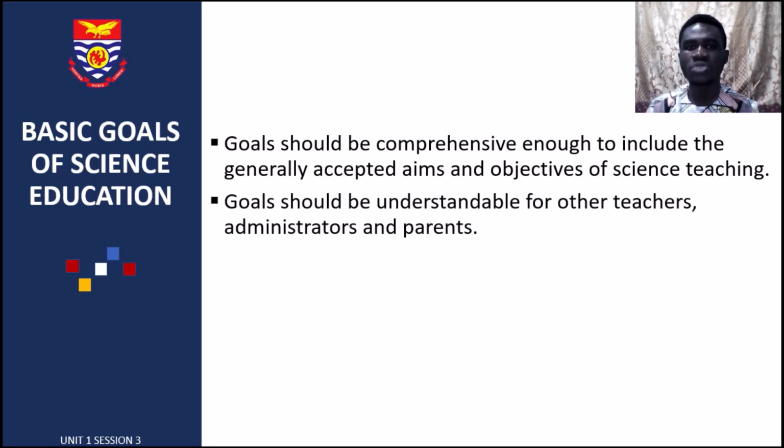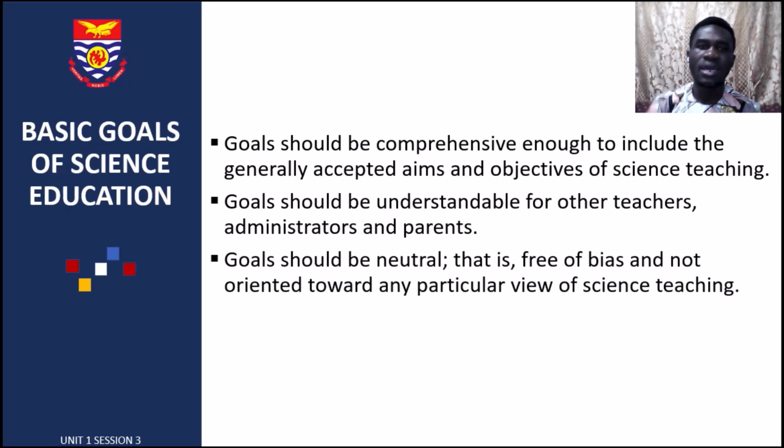Goals should be understandable for other teachers, administrators, and parents. Anytime the teacher takes a goal, the teacher must understand it. The administrators at the school level, as well as parents, must know what exactly the goal of physics learning is. Also, goals should be neutral, that is, free of bias.